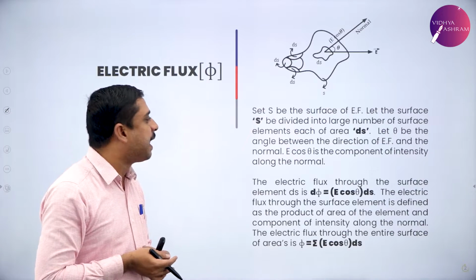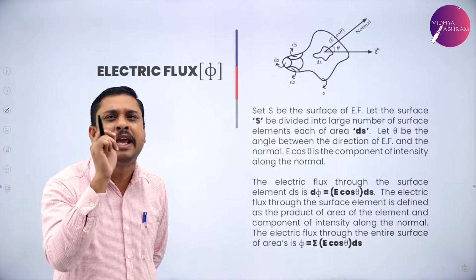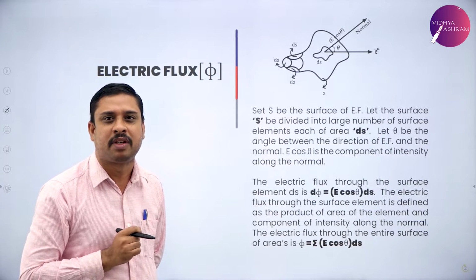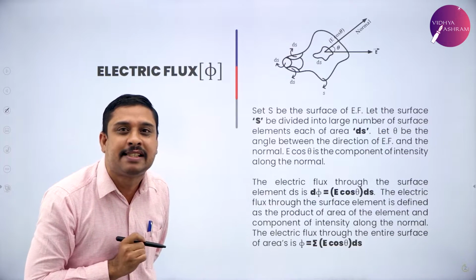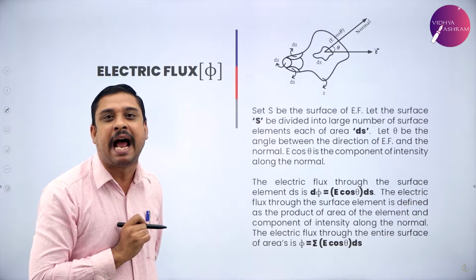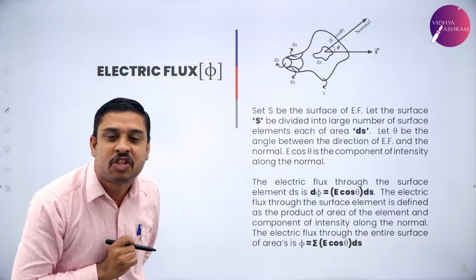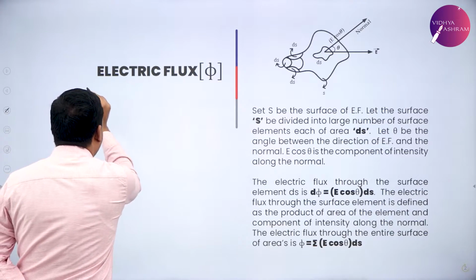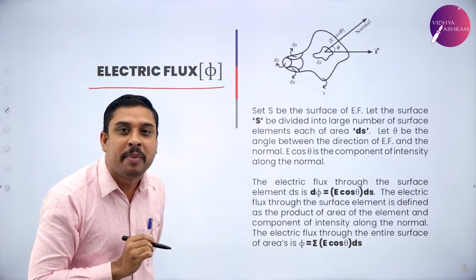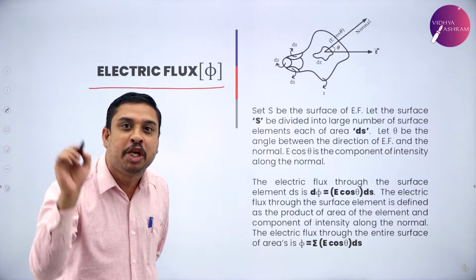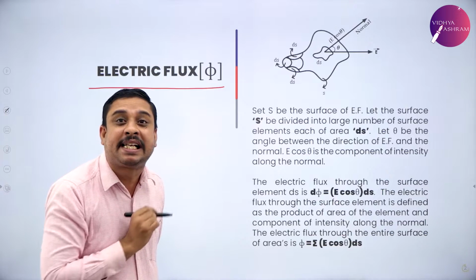Now, continuing my discussion, a very important concept, a featured concept to understand Gauss law and its applications, what we call electric flux. In the 3 applications based on Gauss law, we use electric flux.